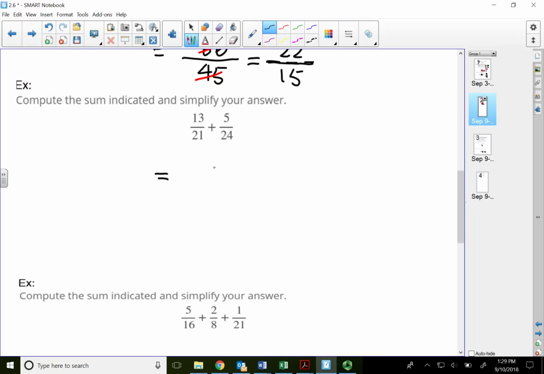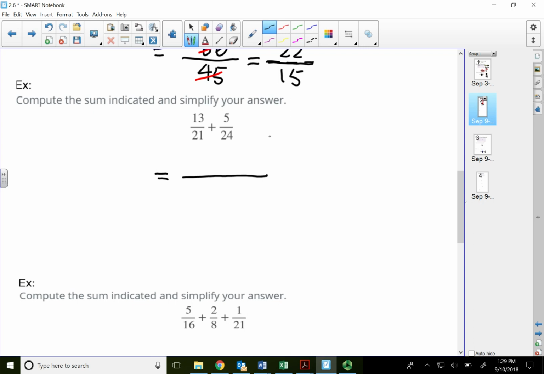So once I find the LCD and my new equivalent fractions, what I'm really focusing on is the numerator. So I don't necessarily have to write my LCD as two separate denominators anymore. I can just write it as a single one.